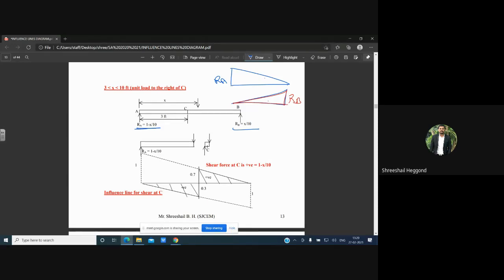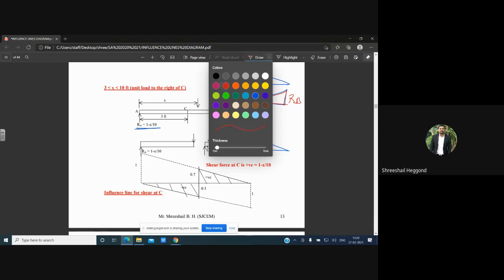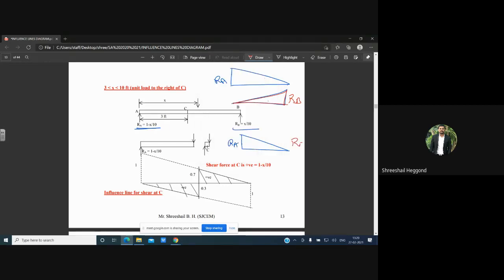Shear force is nothing but the forces acting to the left and right of any section. If I want to draw the shear force diagram, the blue line is for RA, and the red one is RB, and that can be given as like this.